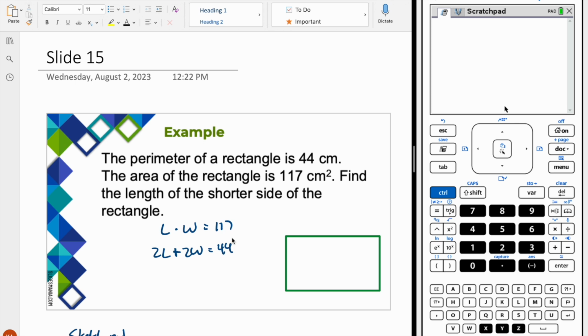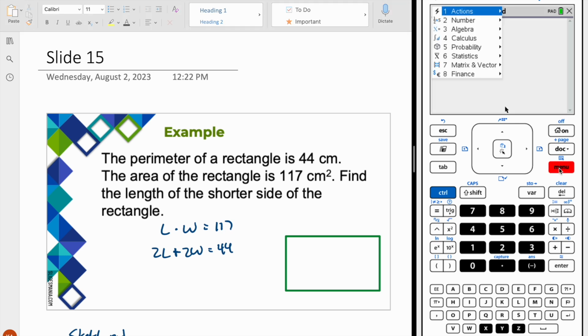In this case, we would be able to work on this question using our calculator by going to the menu button, going down to algebra, which is 3. We go ahead and select 2, solving systems of linear equations.